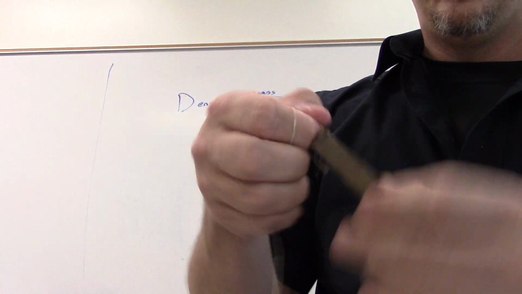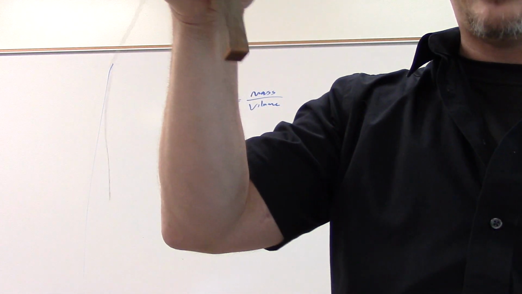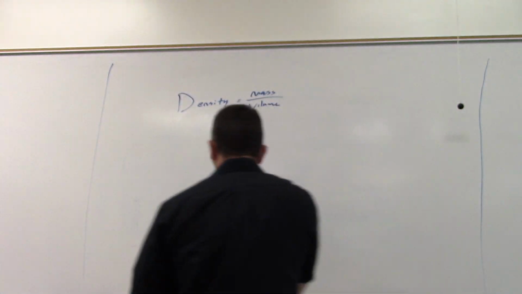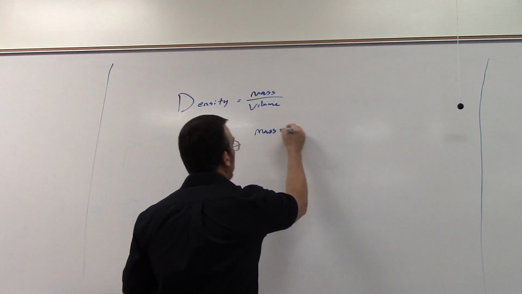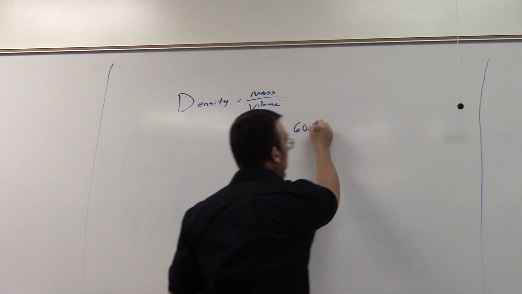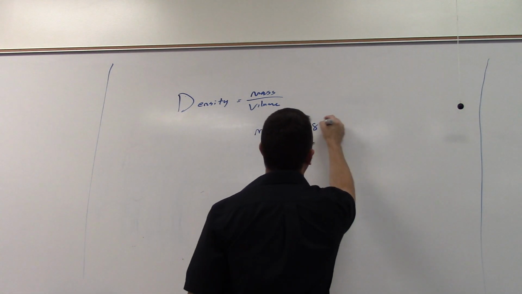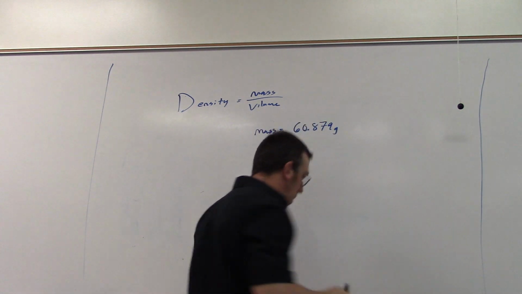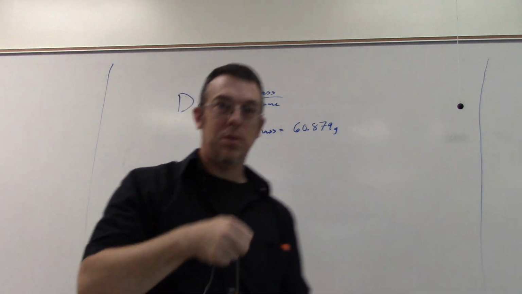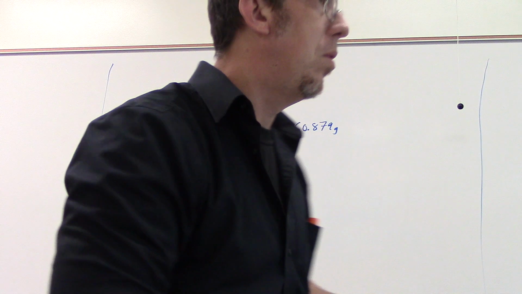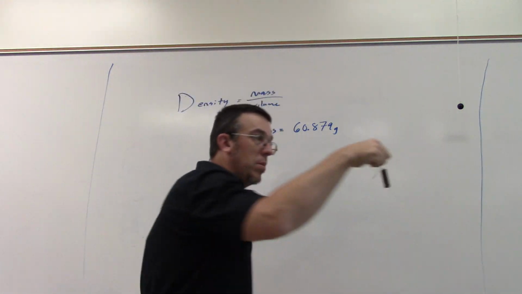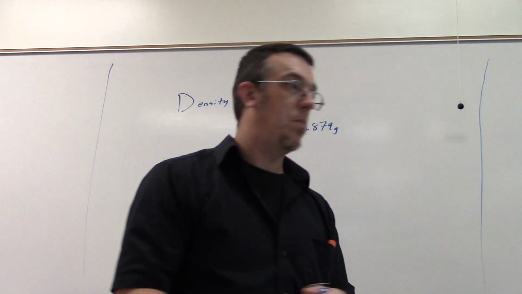It's got a little mass to it, and in fact the mass of this object is 60.879 grams. Okay. What I did was take it to the balance, set it on the balance, and measure the mass of it. So that's the mass. Every object has some mass to it.